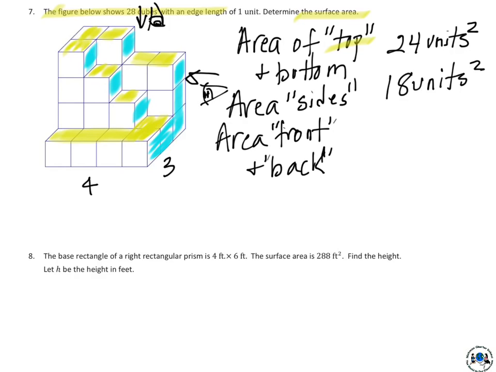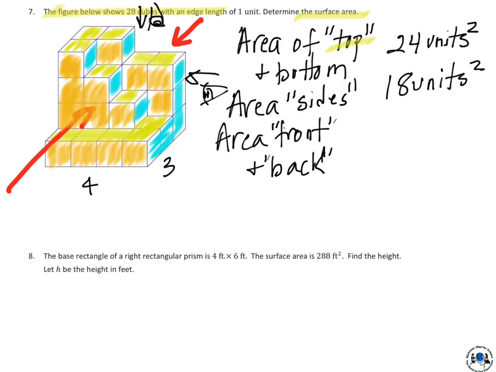Next we have the area front and back. Put those two in quotes as well. Again, we're looking with our eyes this way right now at it, and then from there as well. We have 1, 2, 3, 4, 5, 6, 7, 8, 9, 10, 12, 13, 14.